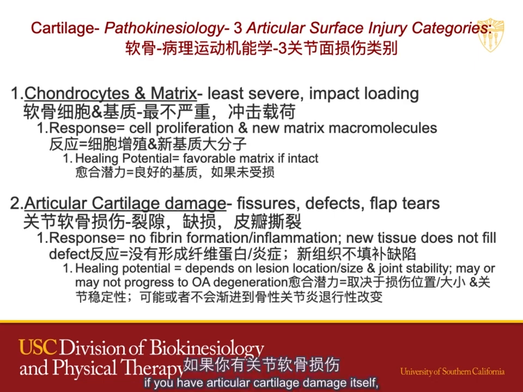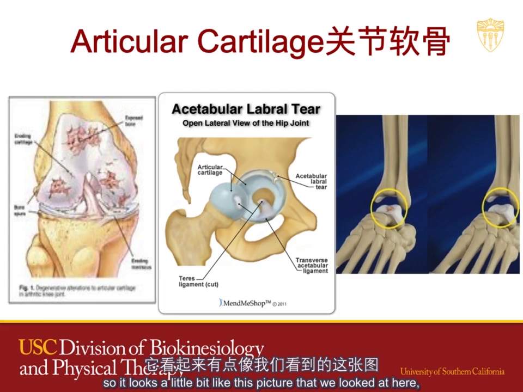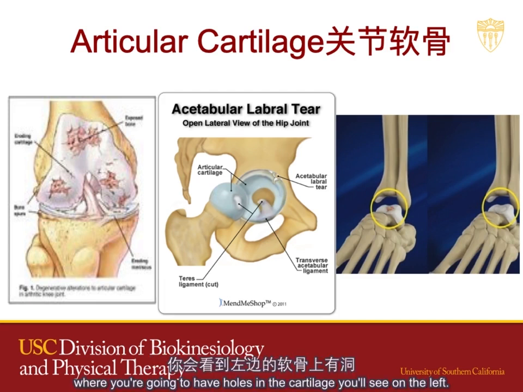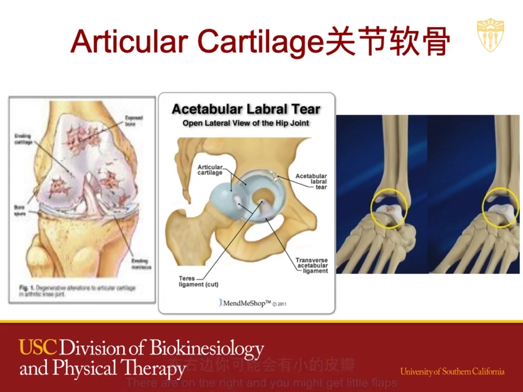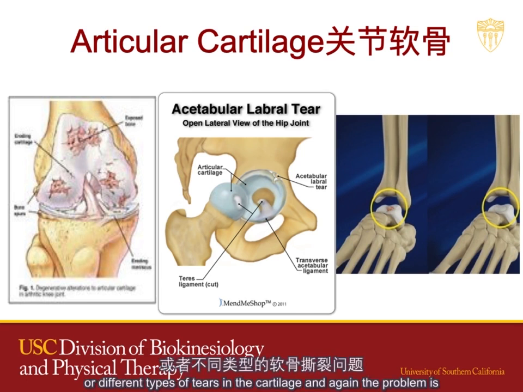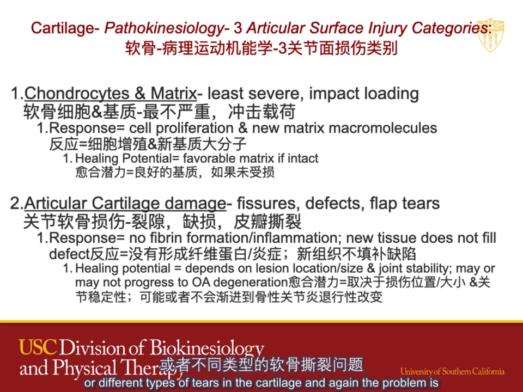However, if you have articular cartilage damage itself, this is where we're going to have the holes. So it looks a little bit like this picture that we looked at here, where you're going to have holes in the cartilage. You'll see on the left there or on the right, and you might get little flaps or different types of tears in the cartilage.